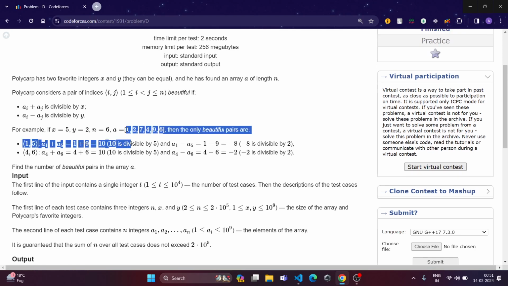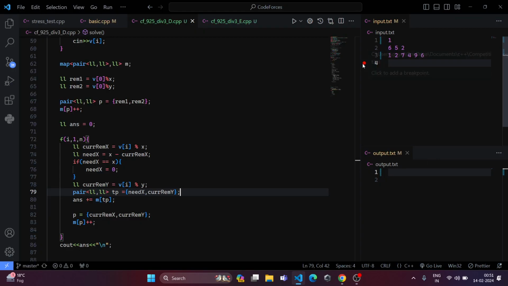So what we need to do is copy this whole array. Now we can write the remainder after dividing by x and y both. For example, if I divide 1 by 5 and 2, I will get remainders 1 and 1. Dividing 2 gives 2 and 0.